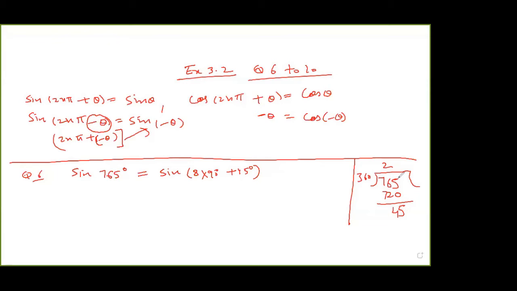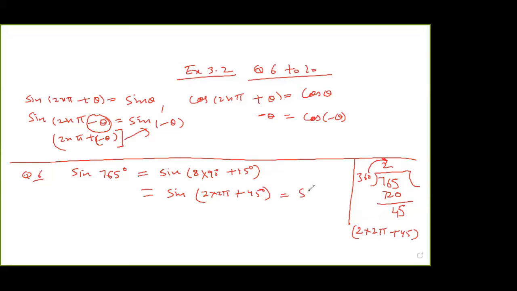In the checking rule, divisor multiplied by quotient: 2 into 360 means 2π plus 45. Those who work by taking multiples of 90 can write it like this, or those who take 2nπ plus θ can write 2 into 2π plus 45 degree.